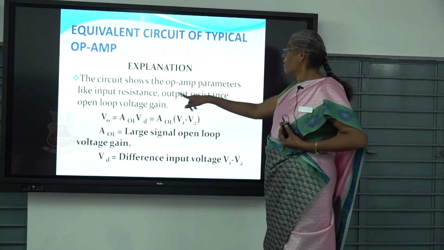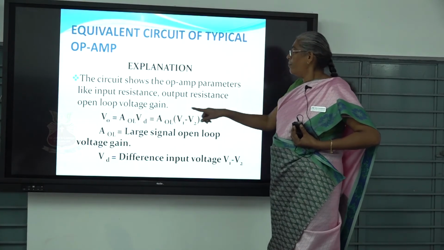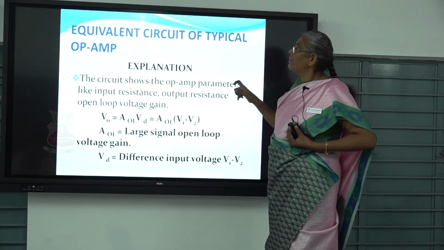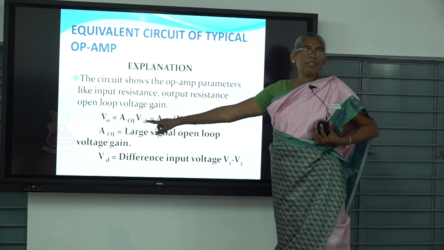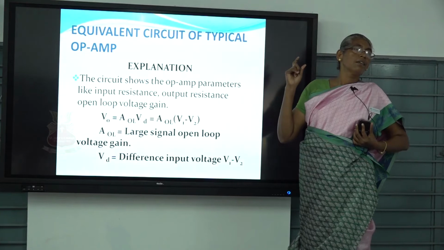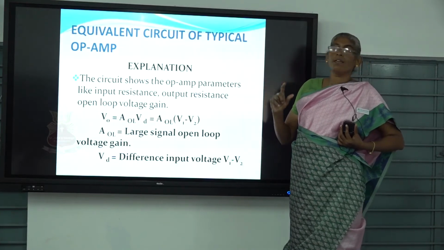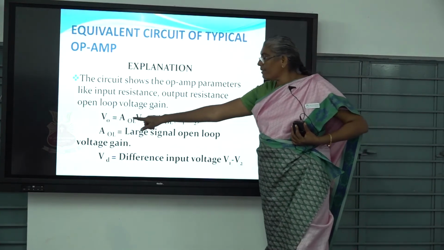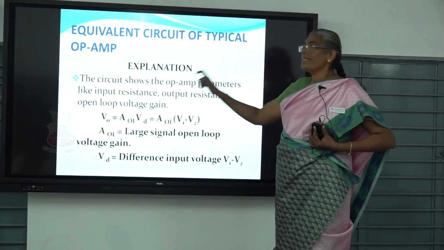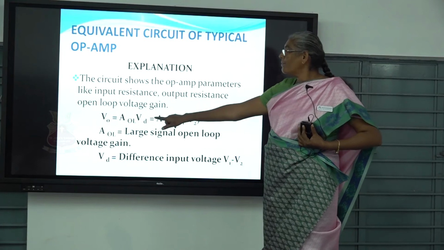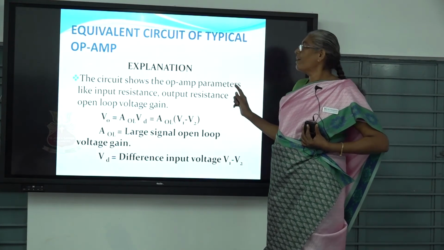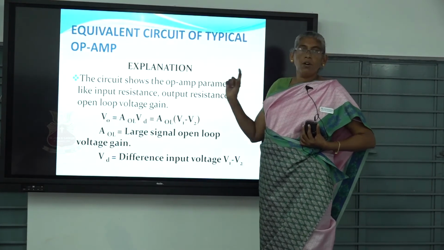Input resistance and output resistance are the parameters of a typical op amp. V0 is the output voltage. Output voltage equals A0 times Vd. That is the gain of the operational amplifier, and Vd is the difference between the input voltages.